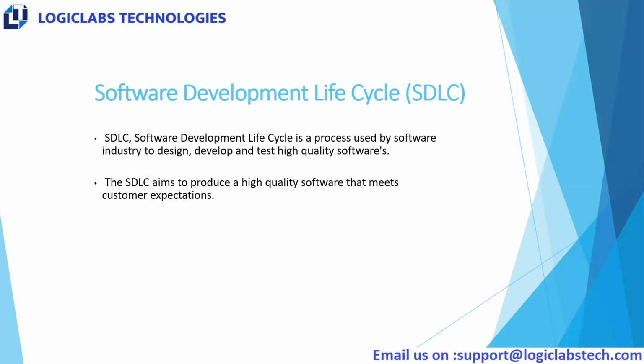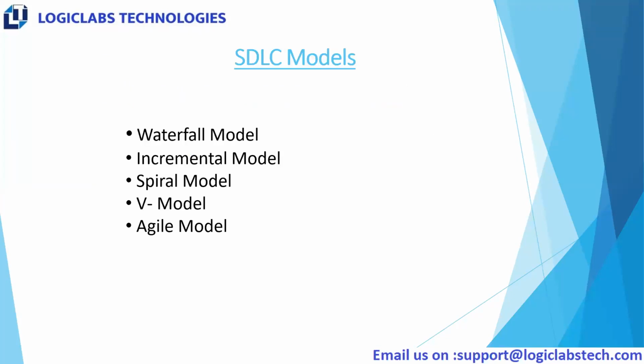If you can see how many types of software development life cycle we have. These are the models which we are discussing. Please follow, guys. We need to understand this process very clearly. Waterfall model, incremental model, spiral model, V model, Agile model. When we went through that content, I explained the waterfall model.